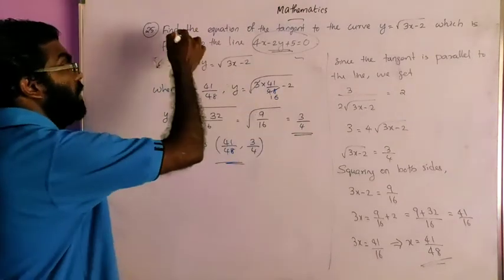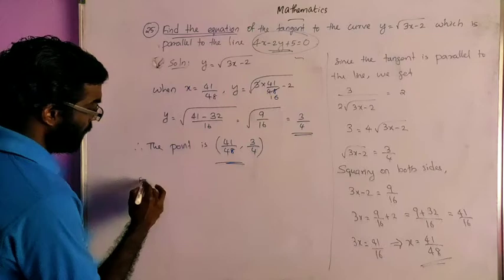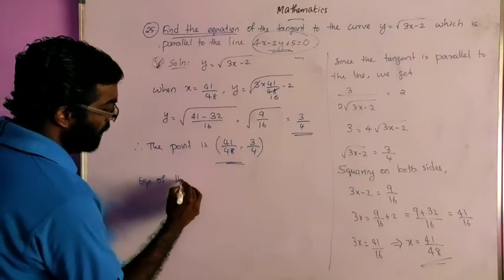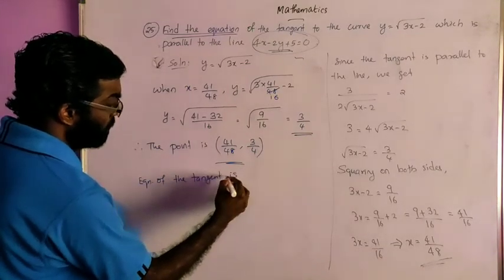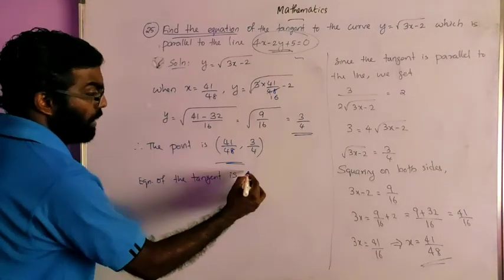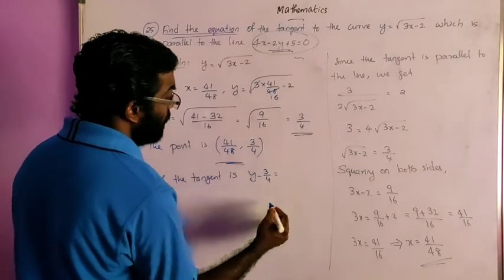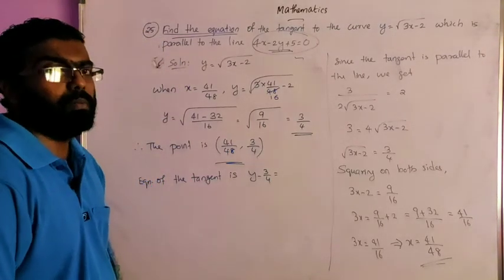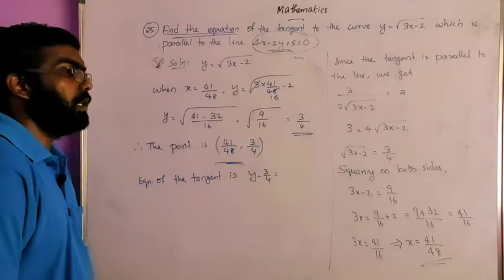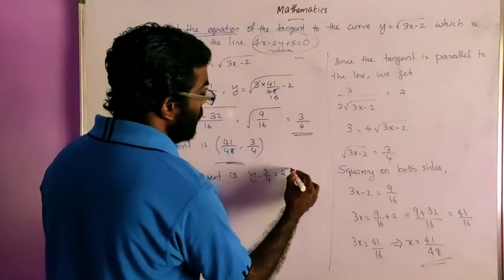Now we can find the equation of the tangent. So the equation of the tangent is y minus y0, that is 3 by 4, is equal to f dash of x0, that means the slope of the tangent. What is the slope of the tangent? Here it is 2. Okay, we already got the value as 2.